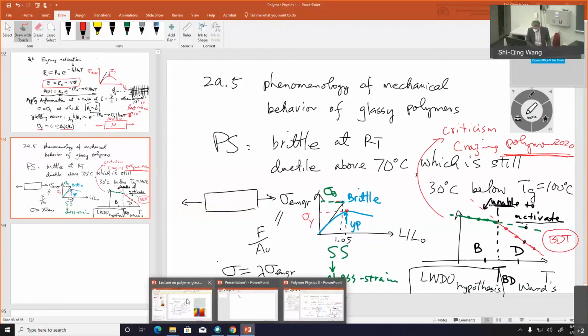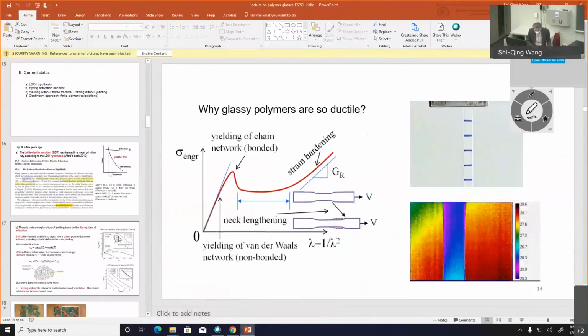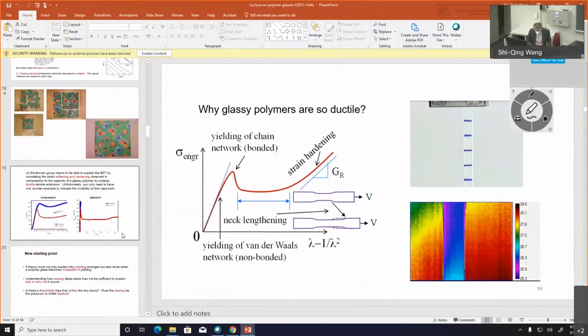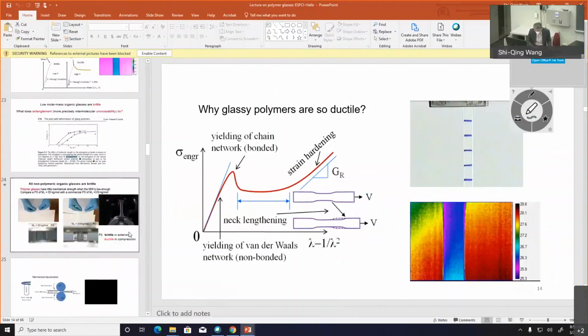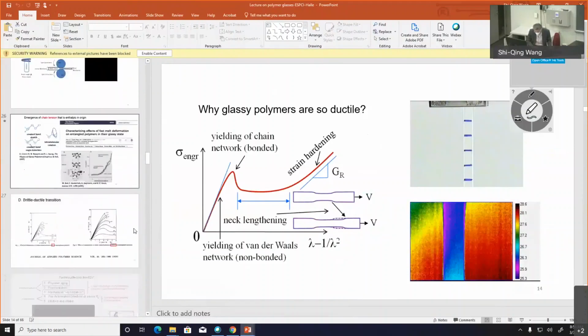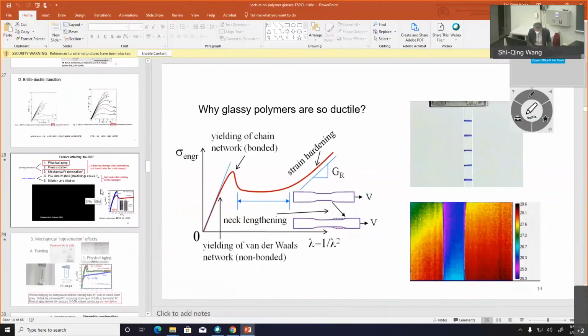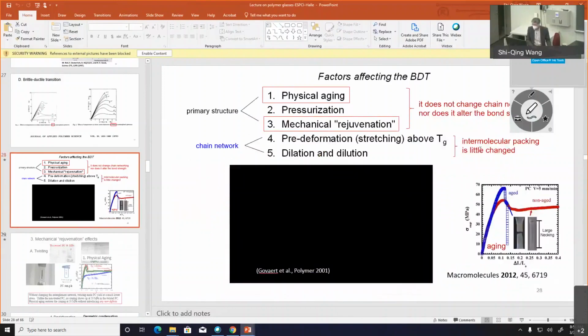So I can give you, let me see if I have it here, as I said, the phenomenology. What affects the brittle-ductile transition?